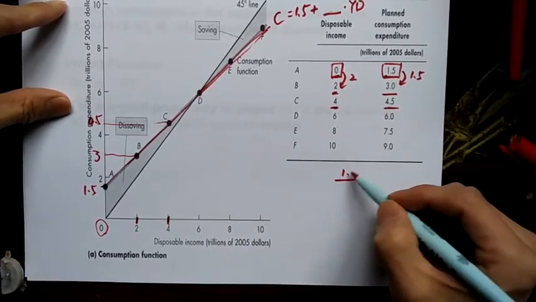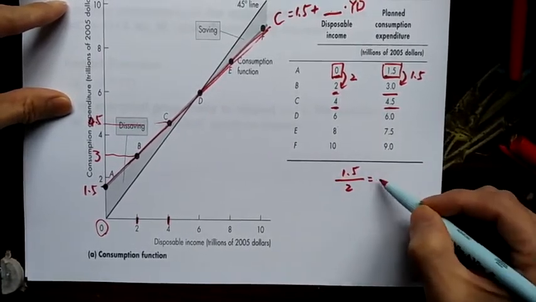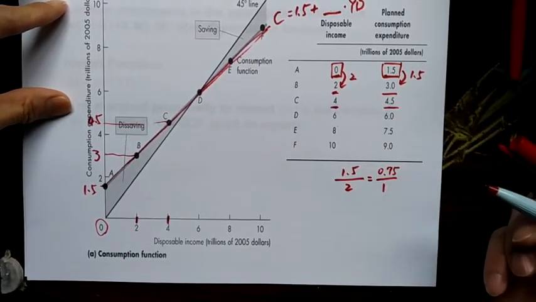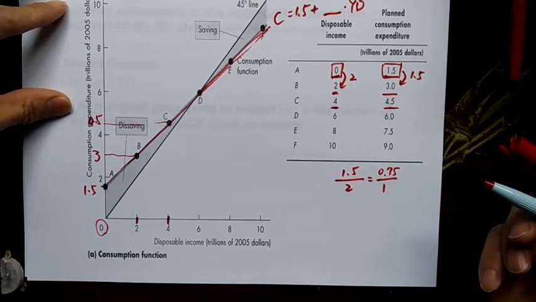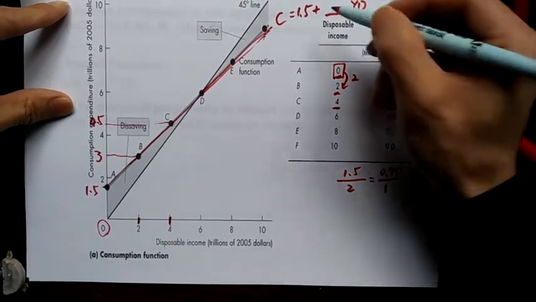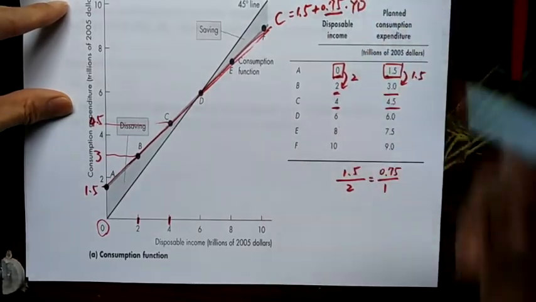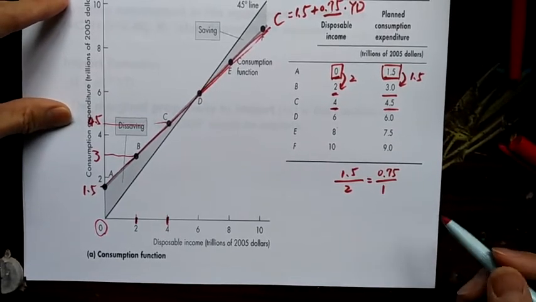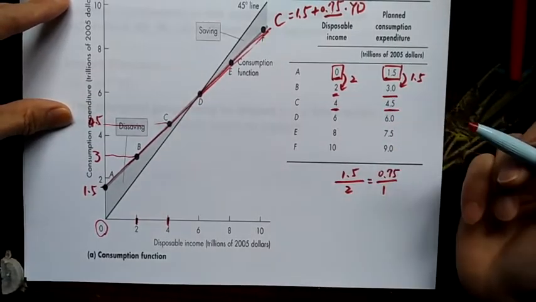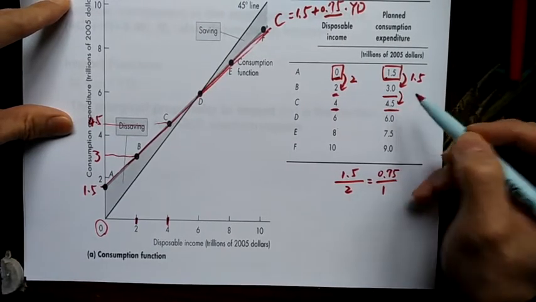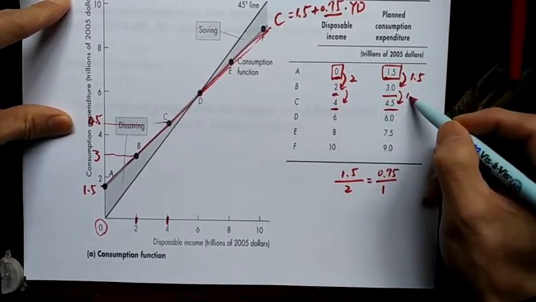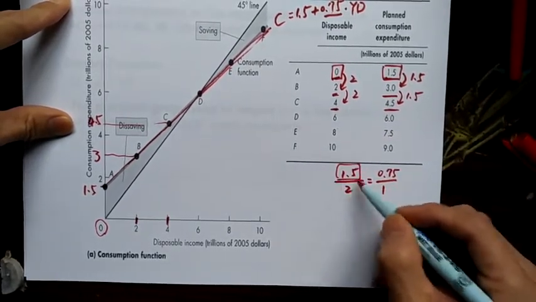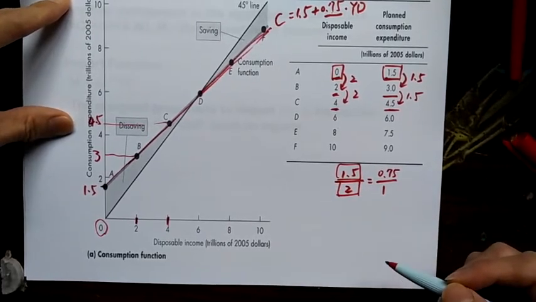Therefore, when your income increases by 1, your consumption increases by 0.75. That is, your marginal propensity to consume is 0.75, which is exactly the slope of your consumption function. Or, how do you calculate the slope? Rise over run. Rise is 1.5, run is 2. Either way.